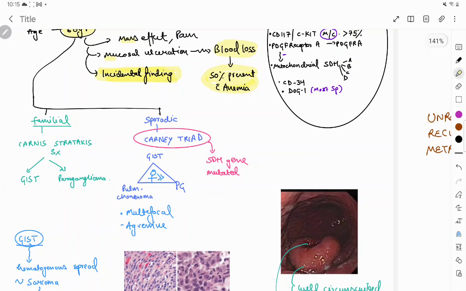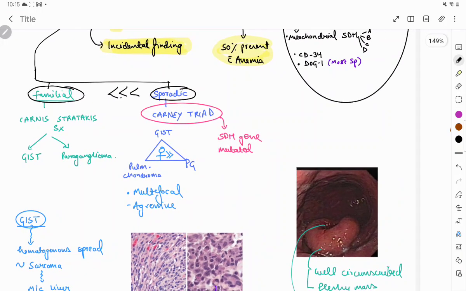Let's understand two types of GIST, that is a familial variant and a sporadic variant. Note how the sporadic variant is really more common than the familial variant. Familial is also known as Carney-Stratakis syndrome, and this condition has a familial GIST and a paraganglioma. These two things are present in a familial GIST, whereas a case of a sporadic GIST is going to present with a triad.